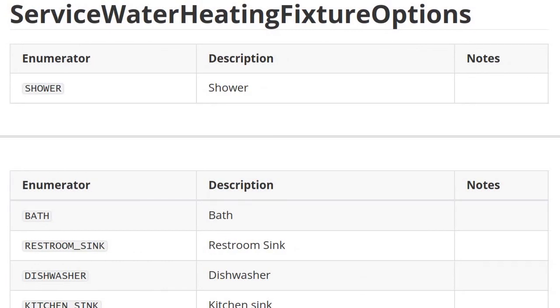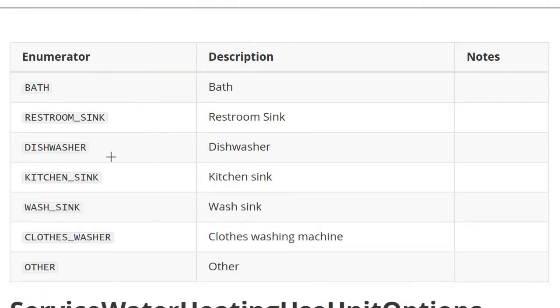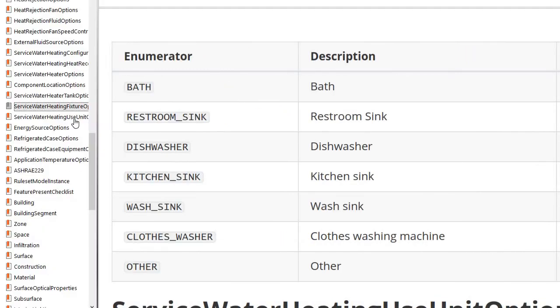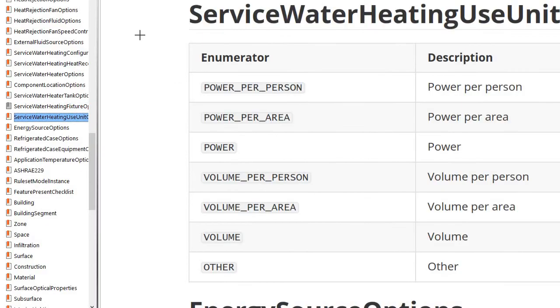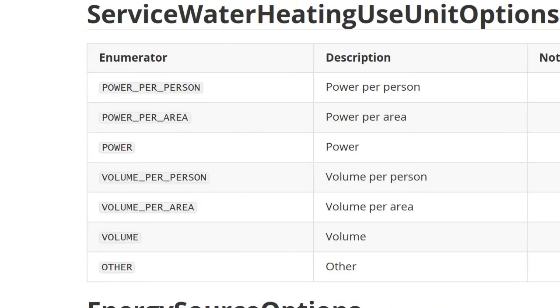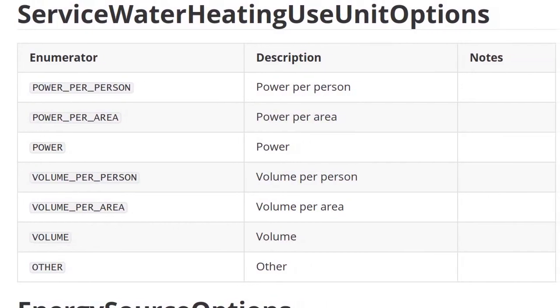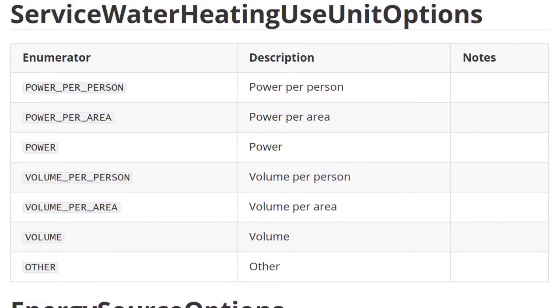So these describe the different types of service water heating fixtures. So shower, bath, etc., all the way to dishwasher and kitchen sink, etc. The unit options: so there's the numeric value for the amount of use that each service water heating fixture has, but these are describing the units.